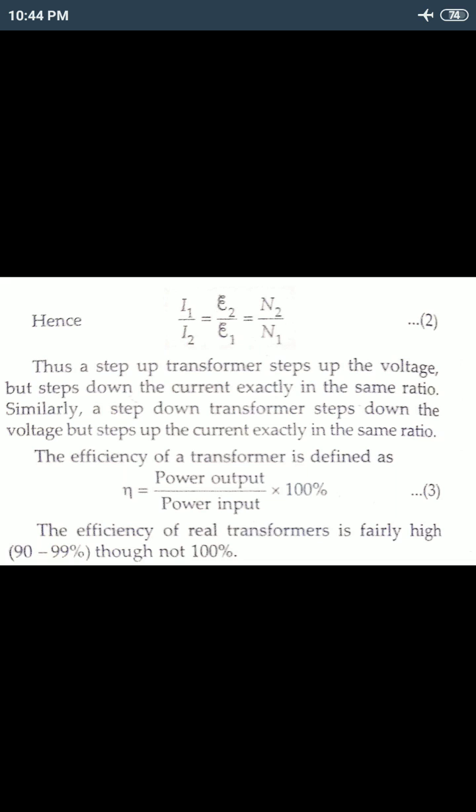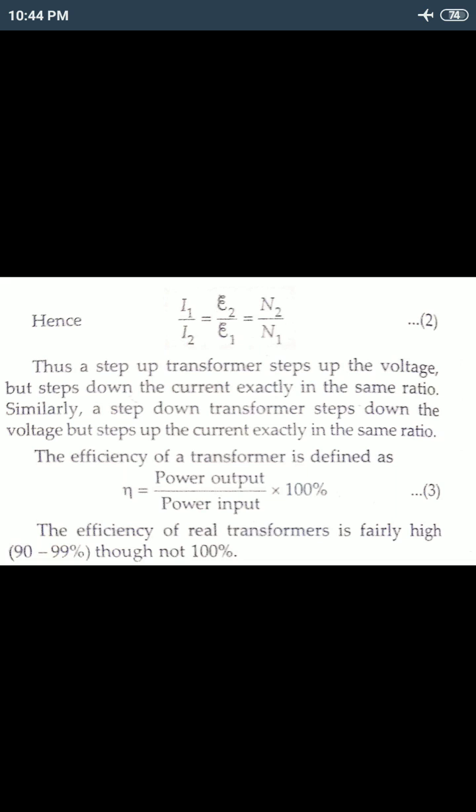And if we find the efficiency of a transformer, efficiency is denoted by eta. Eta equals power output by power input into 100%. The efficiency of a real transformer is fairly high, though not 100%.